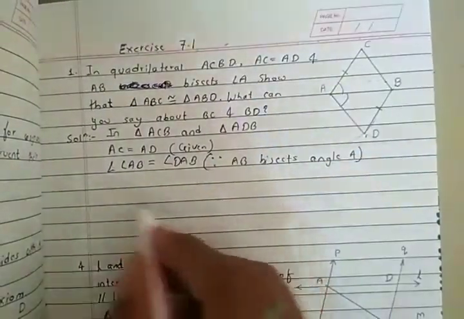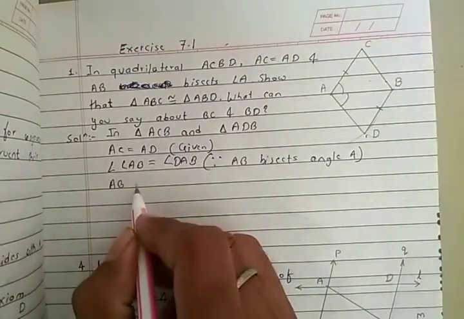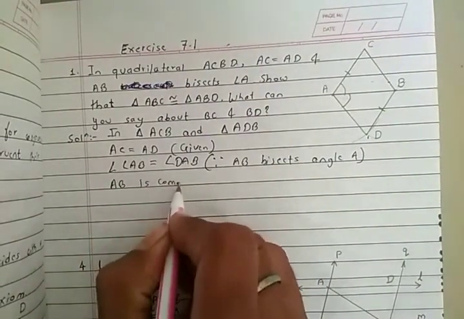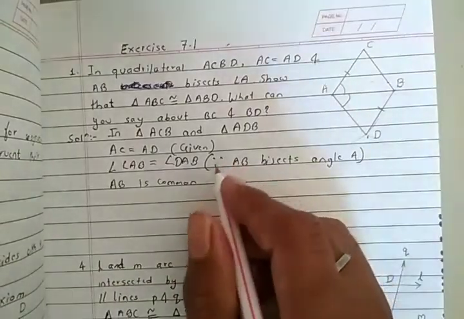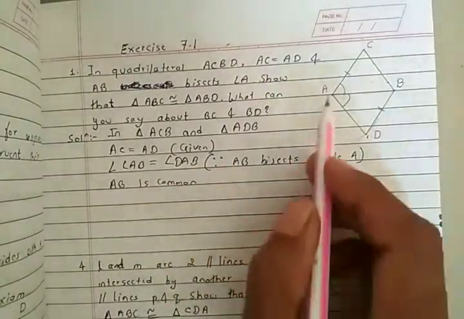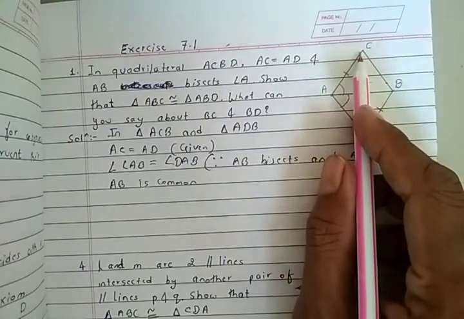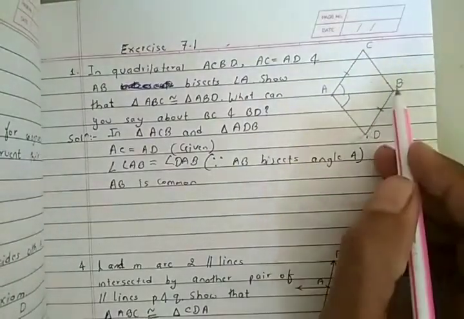Now AB is common, right, for both these triangles ACB and ADB.